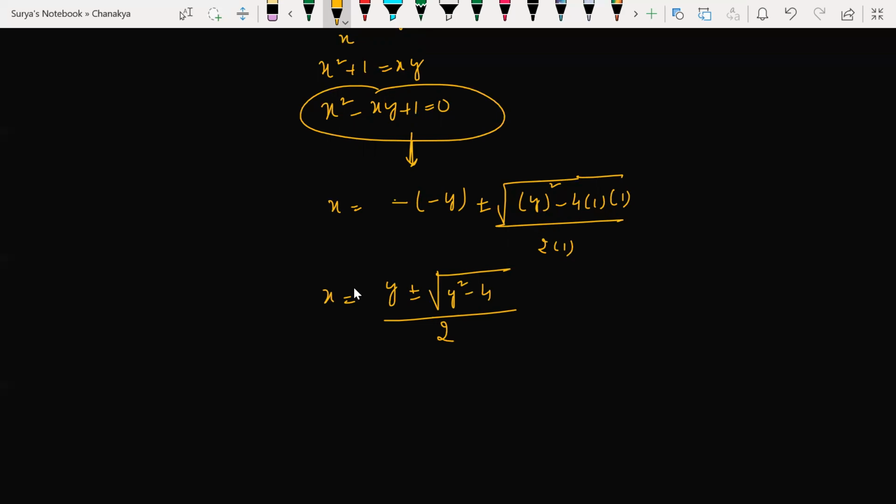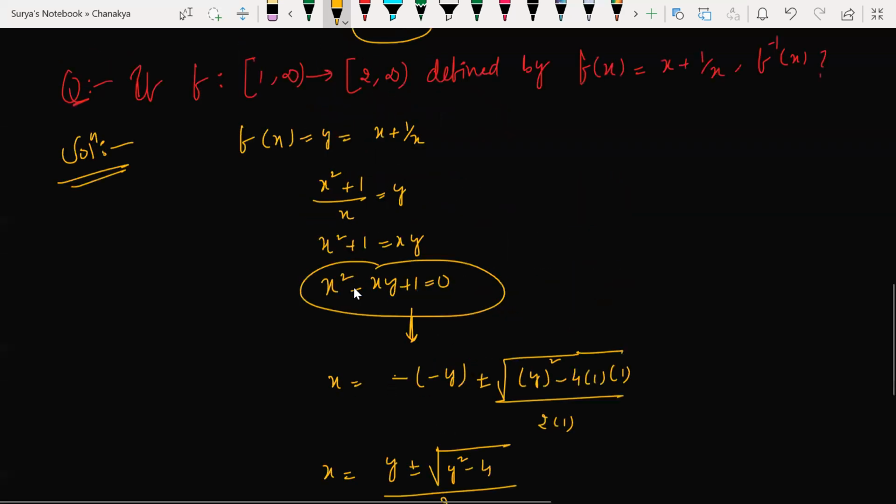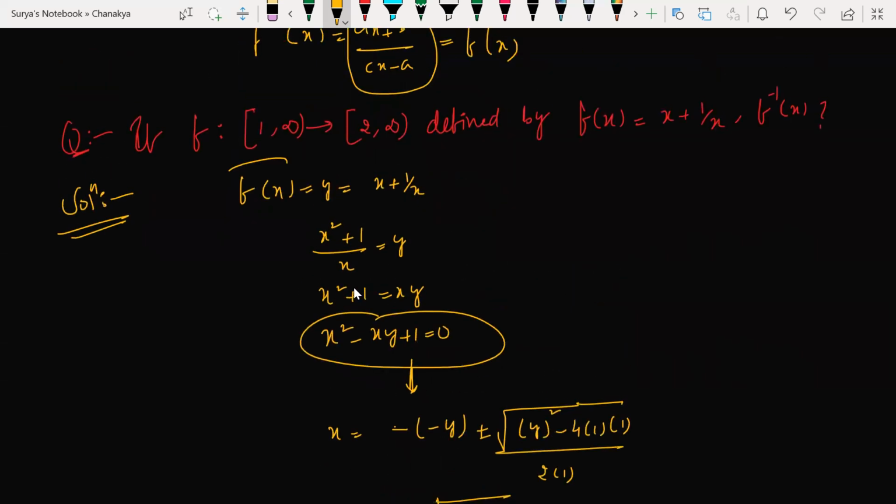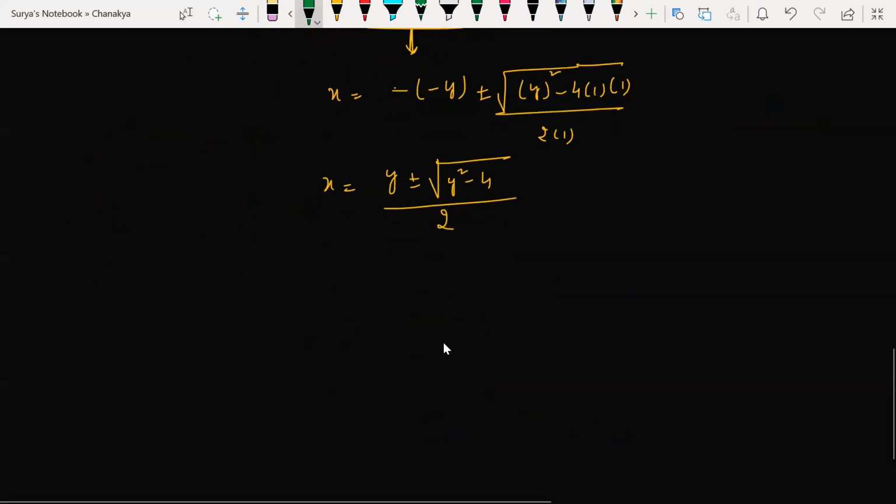What has he given? He has given the condition f inverse of x. Look here: f of x is equal to y, then what is x here? x is f inverse of y, yes or no? So x is equal to f inverse of y.